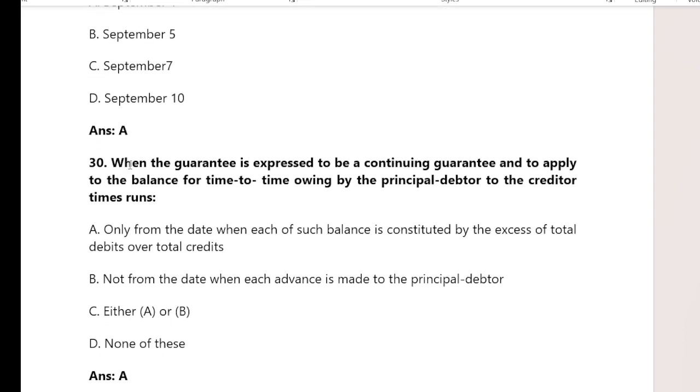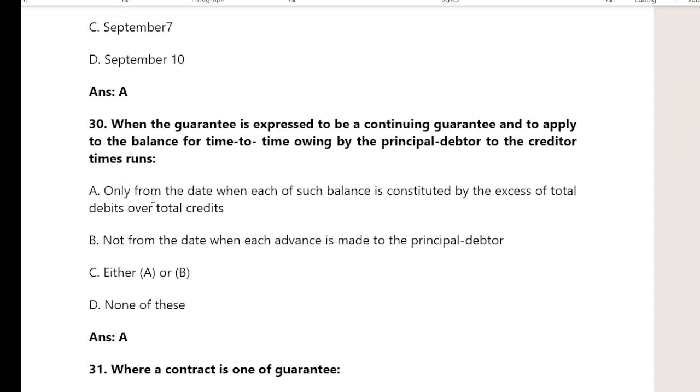Next question is, when the guarantee is expressed to be a continuing guarantee and to apply to the balance from time to time owing by the principal debtor to the creditor, time runs.